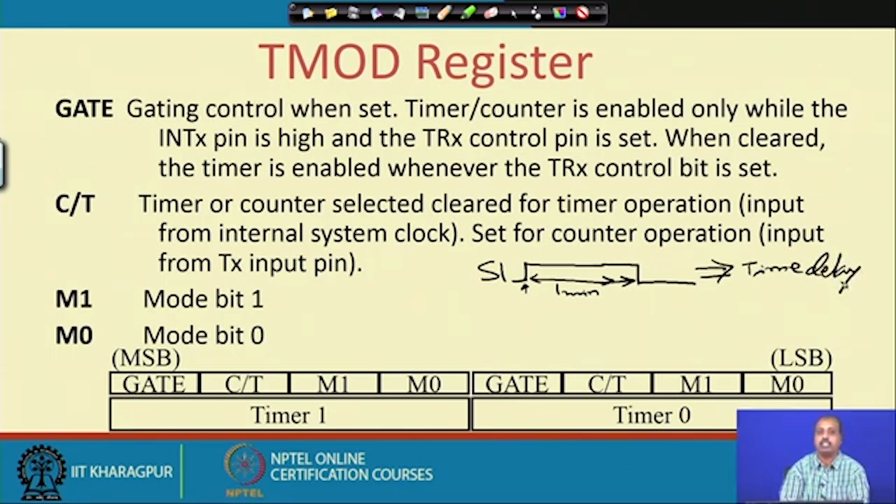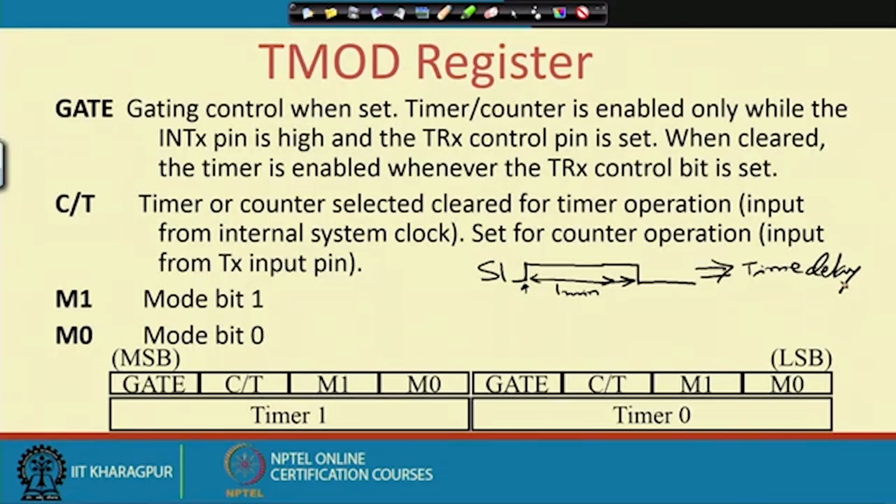In other cases, there may be some external event for which we want to measure the time that is needed. For example, say we want to make a stopwatch. Then I have to start the timer, and when some external event occurs, I press the stopwatch button.